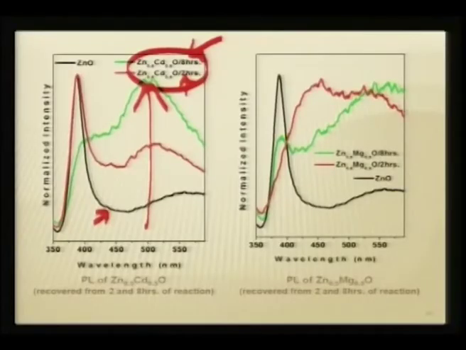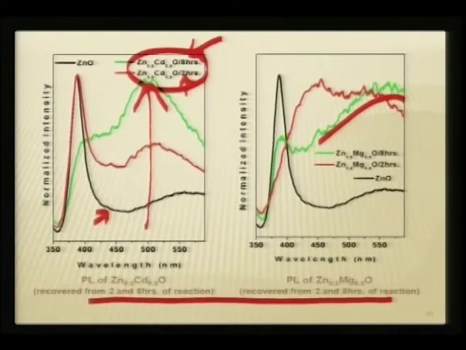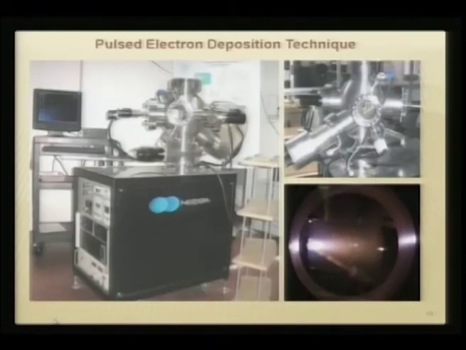The 2 hour synthesis one shows more features around 380 nanometer, but in the case of 8 hours you see the defect induced emission is dominating much more. So this clearly proves the point that a kinematic approach is very critical, or the way the zinc oxide grows in this polyol synthesis is very critical.